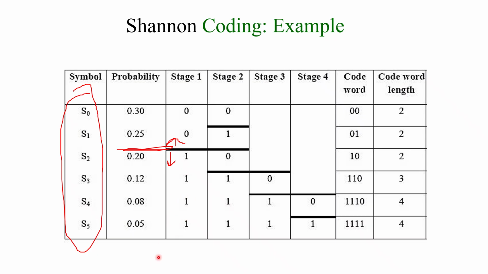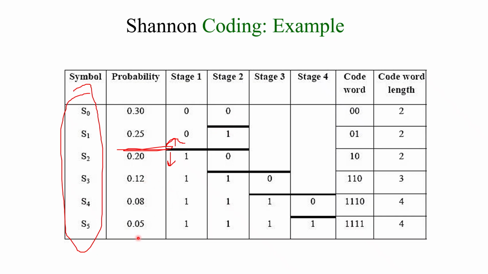Once we have found team 1 and team 2, we will keep on dividing the teams down to individual symbols. For team 1, how many members are there? 2 members. So we divide it simply: one will be 0 and one will be 1.